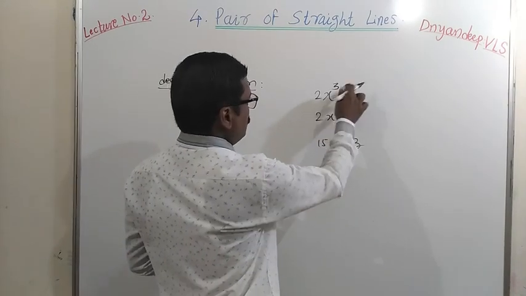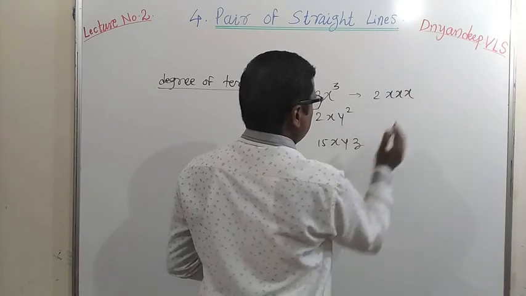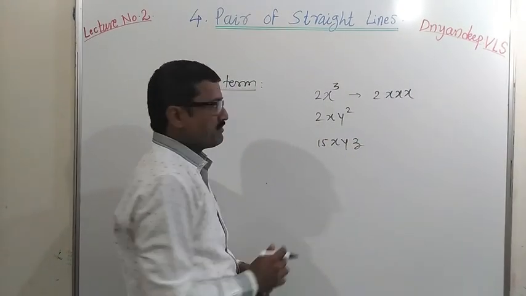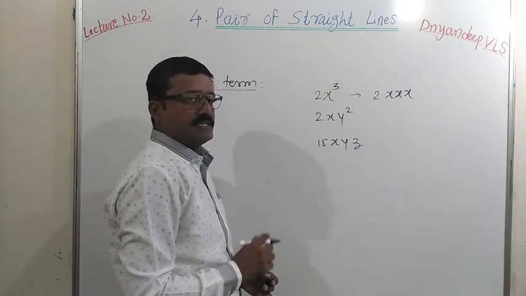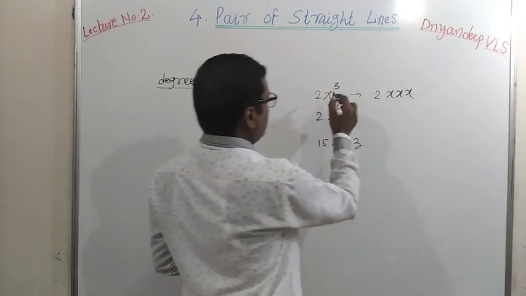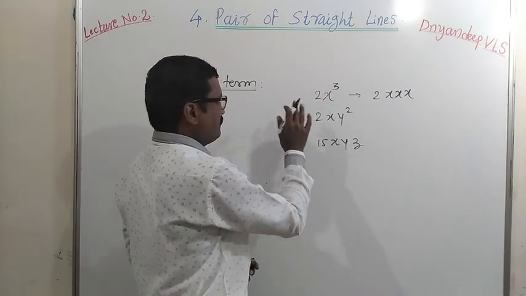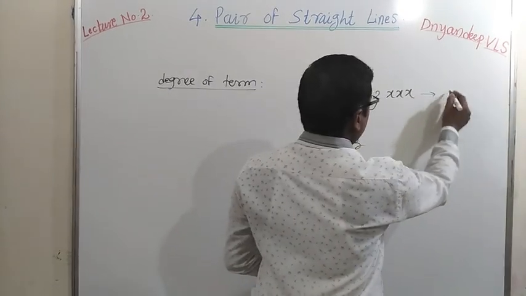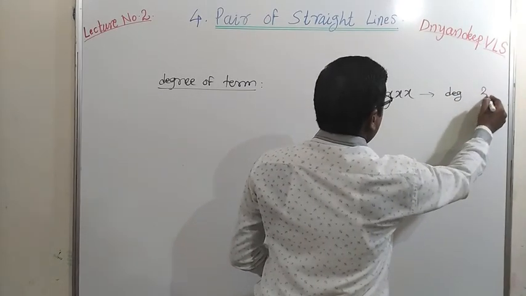This 2x cube can be written as 2 into x into x into x. This x occurs 3 times, so its index is 3, its power is 3. This power, or the number of times that variable occurs in that term, is called the degree. So here the degree of this term is 3.